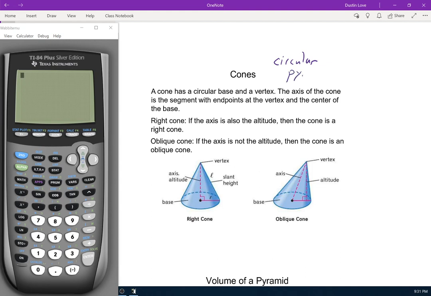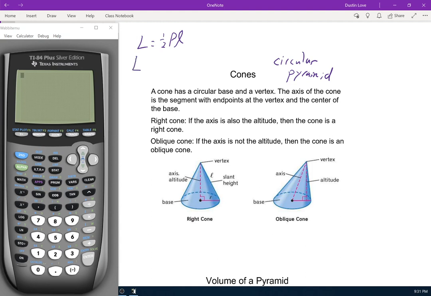Now, cones. If we can start thinking about a cone as a circular pyramid, then everything starts to work out and you have the exact same formulas. For the lateral area of a pyramid, we had 1/2 PL.